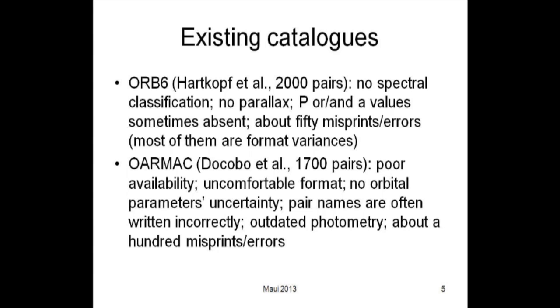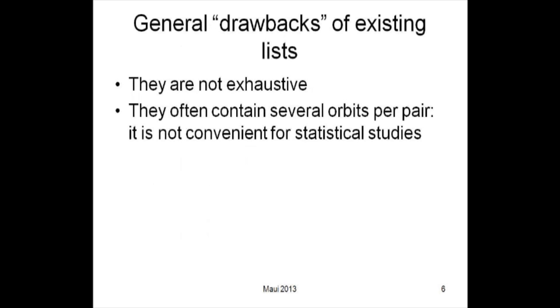The other catalog also has an uncomfortable format and poor availability. We have on the web not the recent version of the catalog. There are no orbital parameter uncertainties. Pair names are often written incorrectly. The photometry is rather old, and we also found some misprints or errors in the catalog.